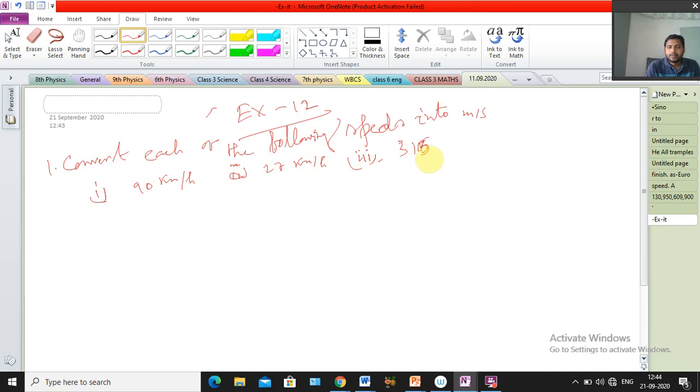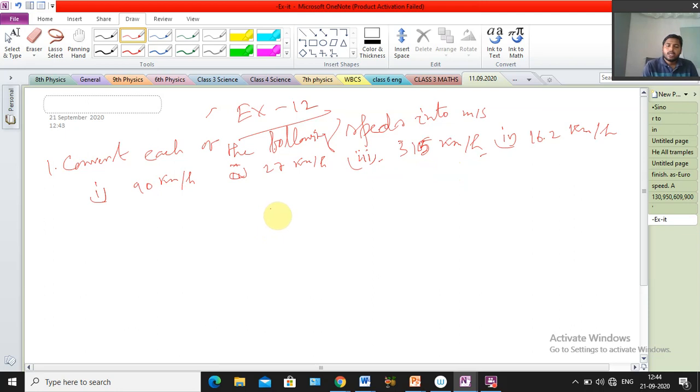And number 4, 16.2 km per hour. These are the data given in the question, so just find out the speed in meter per second.